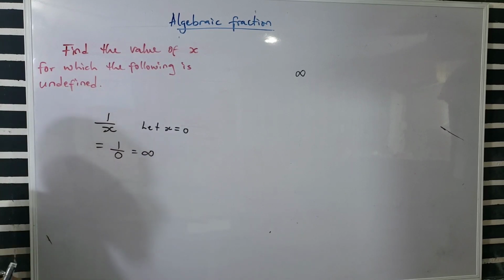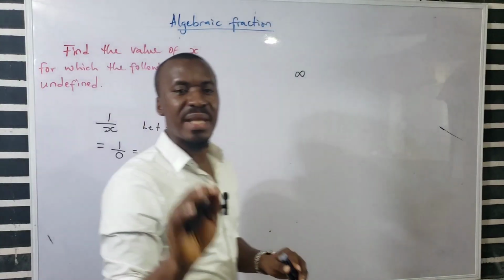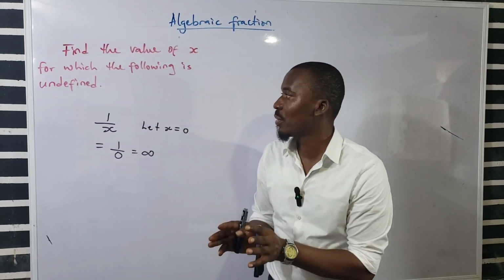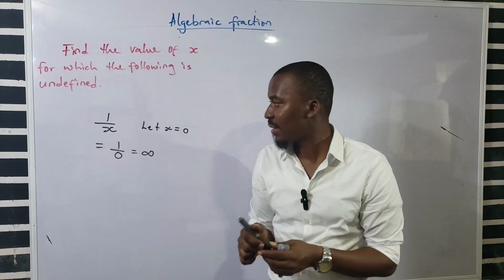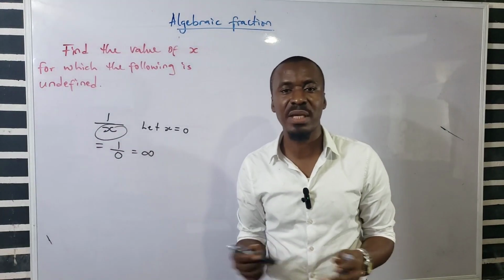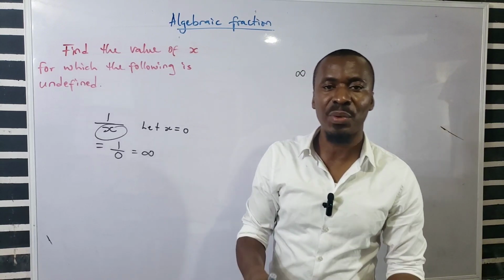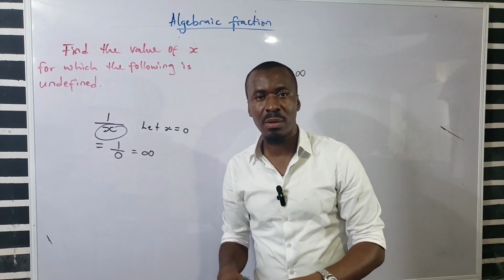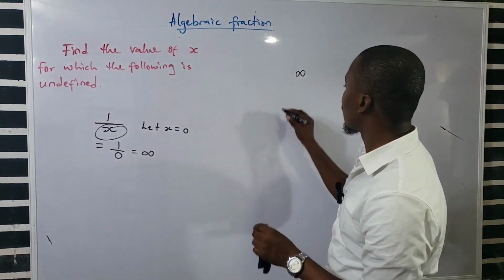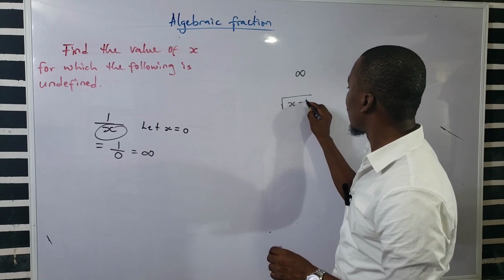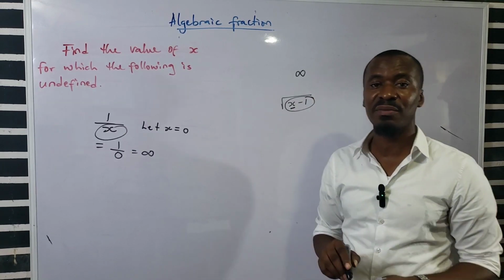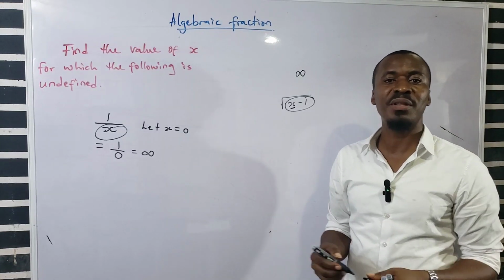Now, what is the idea? The idea is that whenever you have a fraction and you're looking for the value of your variable that will make that fraction to be undefined, the secret is just to go to the denominator and equate it to 0. So the values of the variable where the denominator will be 0 makes it what? Undefined. Or if it's a square root, the value of x that will make this expression to be negative will also be undefined.